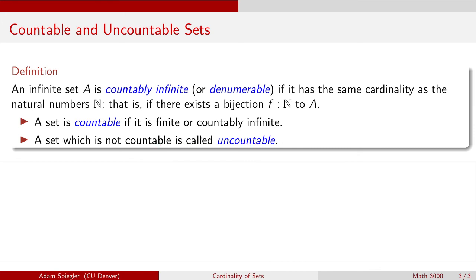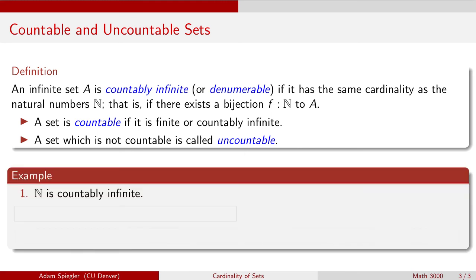So let's take a look at some examples. So clearly N is countably infinite because we can find the bijection from N to itself. On the previous slide, we showed that there was a bijection from N into the positive even integers. So therefore, we could say E plus, the positive even integers, is also countably infinite.